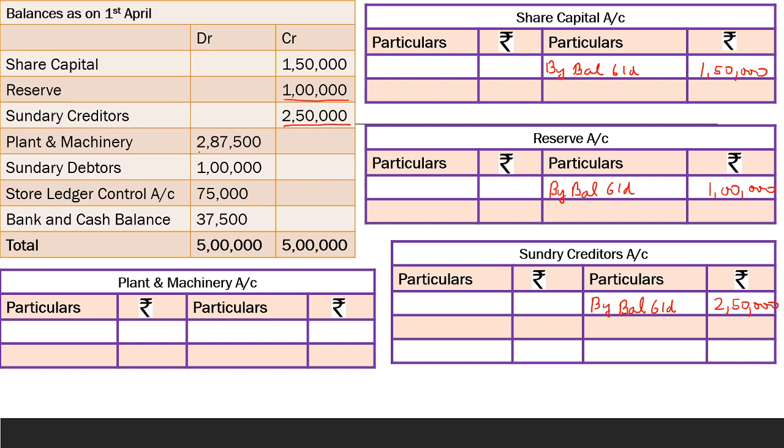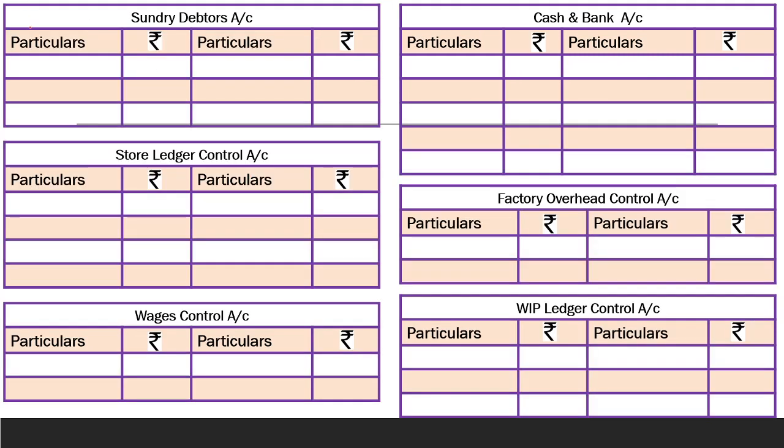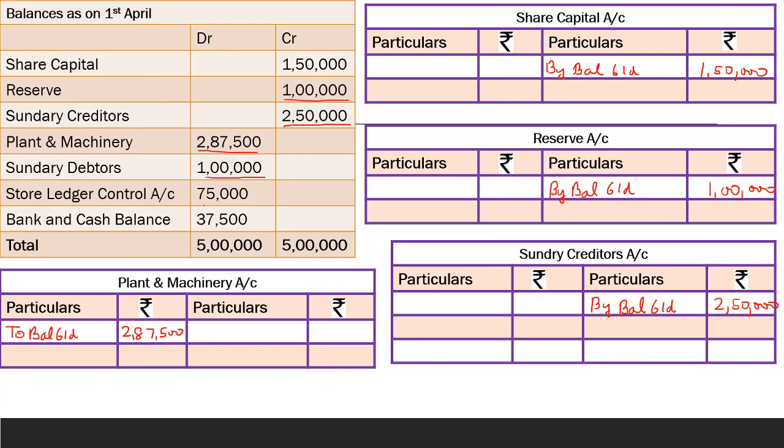Our first balance is plant and machinery with 2,87,500. So on debit side we write to balance brought down 2,87,500. Our next balance is sundry debtors 1 lakh rupees. So on sundry debtors on debit side we write to balance brought down 1 lakh rupees. Our next balance is store ledger control account.